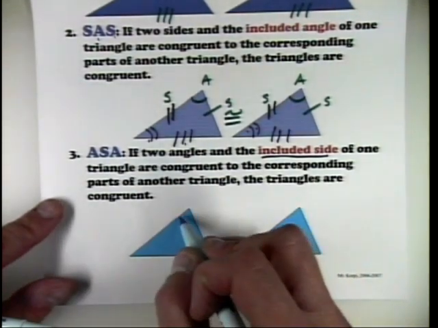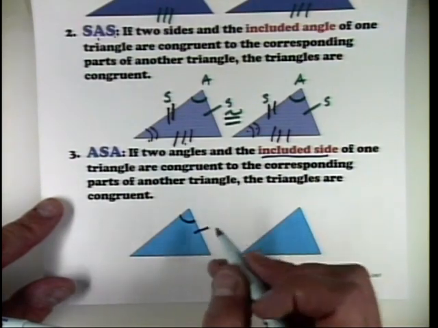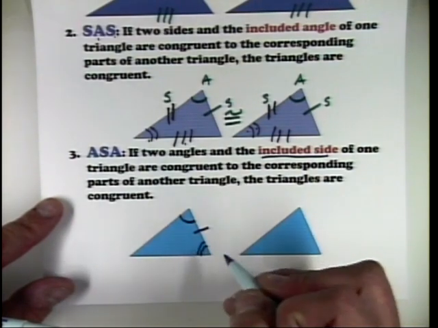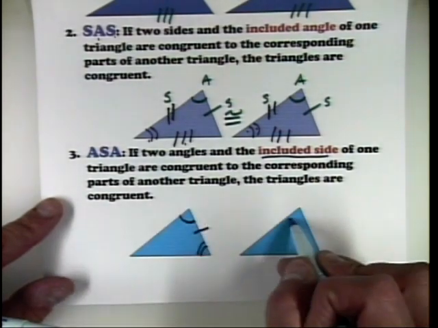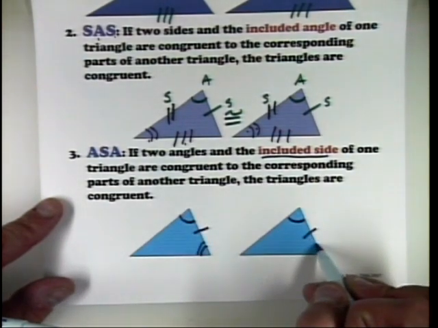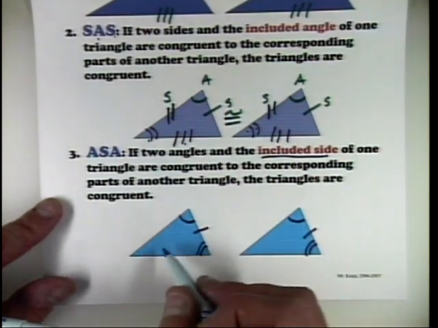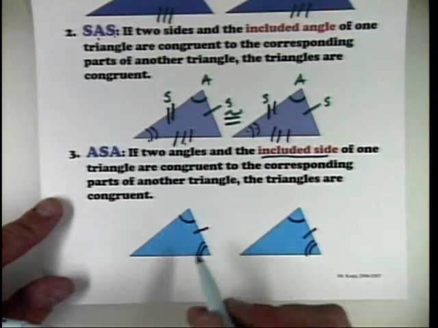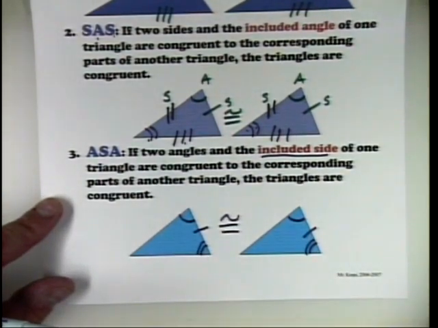Let's say I know this angle, this side, and this angle are congruent in this triangle, the corresponding parts, this angle, this side, and this angle. That would be enough to show that all the other parts which are not labeled are also congruent, which would make the triangles congruent to each other.